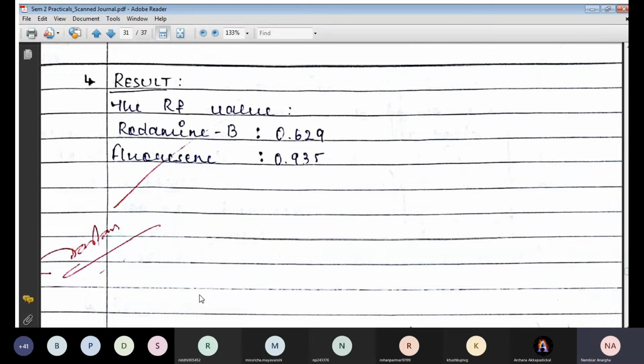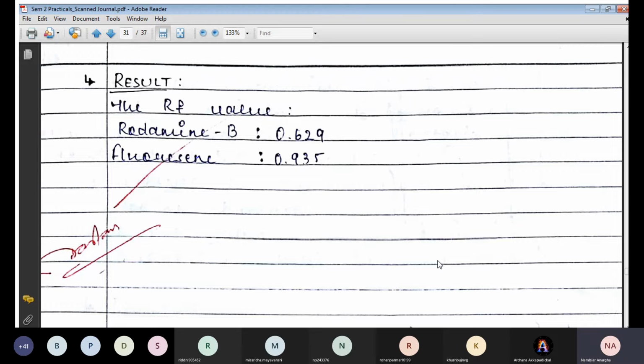Not high. Can I put it this way? Fluorescein has very little affinity towards the stationary phase, and very high affinity towards the mobile phase, so it goes with the mobile phase, because the RF value is almost near 1. The RF value always lies between 0 and 1, okay? So it runs almost with the mobile phase.